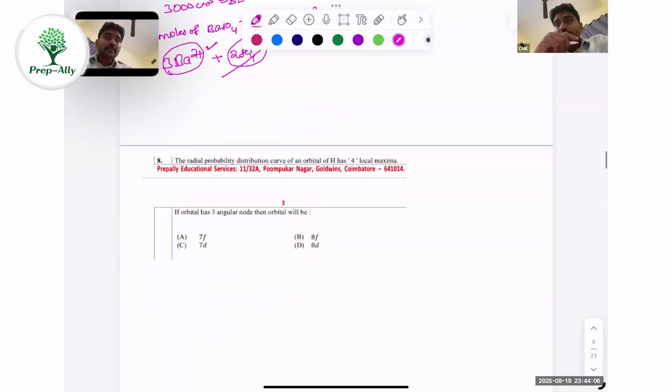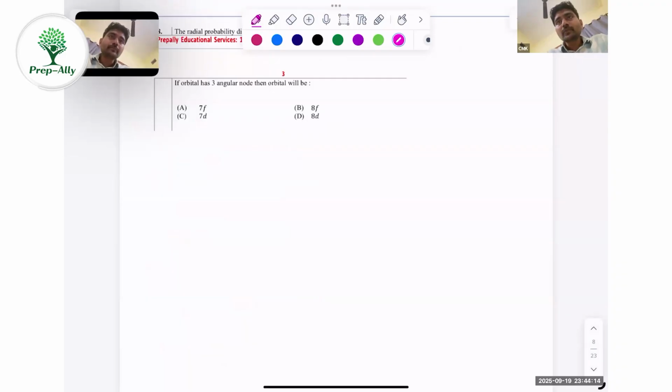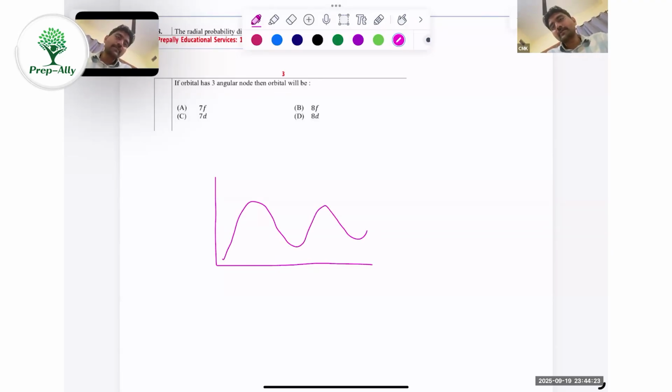The next question: the radial probability distribution curve of an orbital has 4 local maxima.